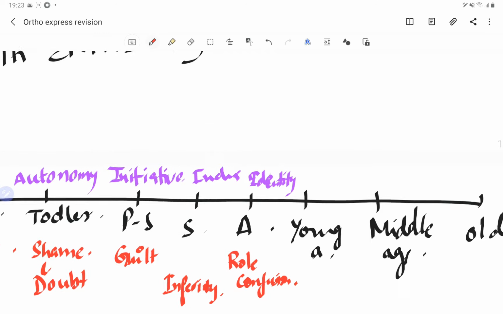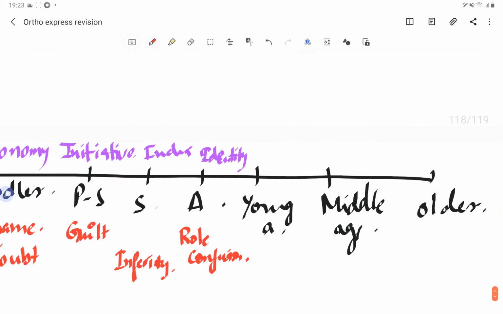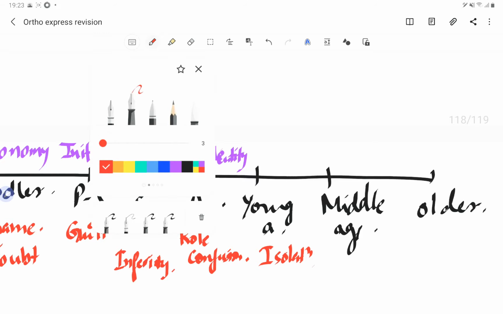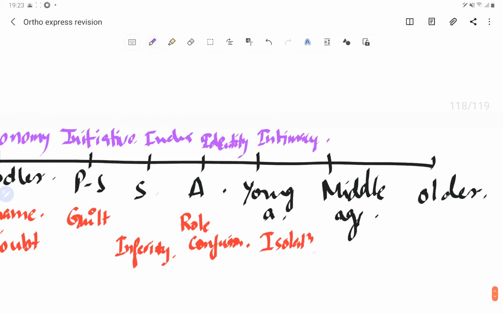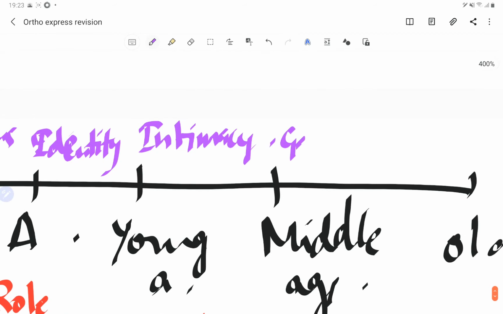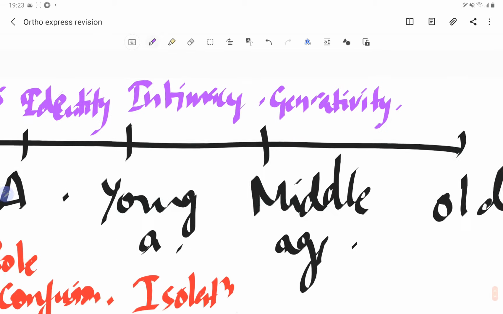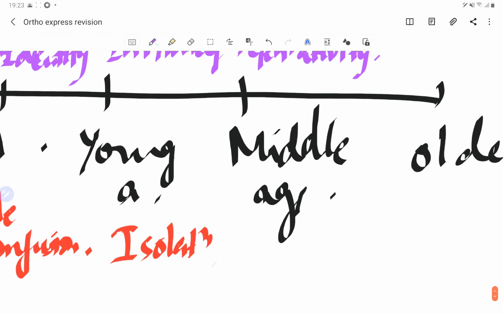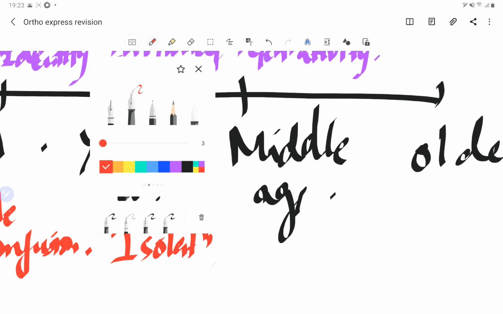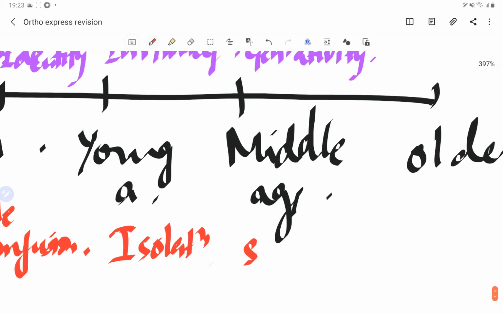In the young adult stage, there can be isolation, or there can be intimacy. And in the middle age, there can be generativity, that means a person is still forming good content or doing good in life. There is a growth pattern, or there can be a stagnant stage in life.